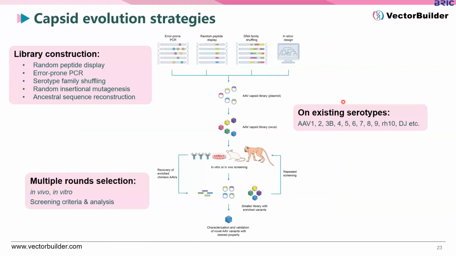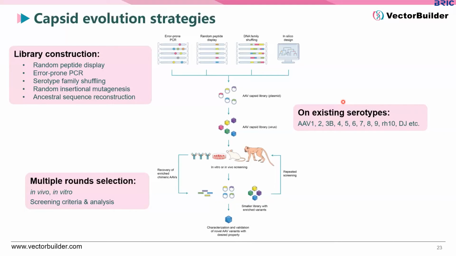When we want to engineer the AAV serotype, there are different ways to do it. For example, doing a random peptide display, meaning that we are adding some random peptide on an existing serotype. One of the hotspots for peptide display is variable region number 8, VR8.